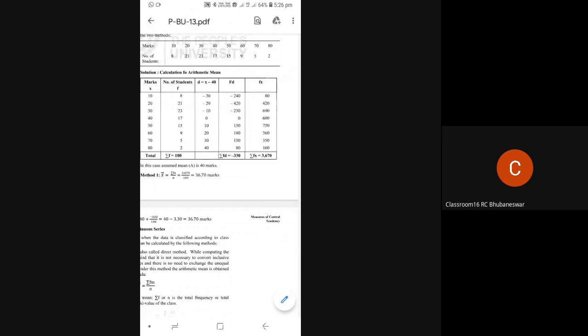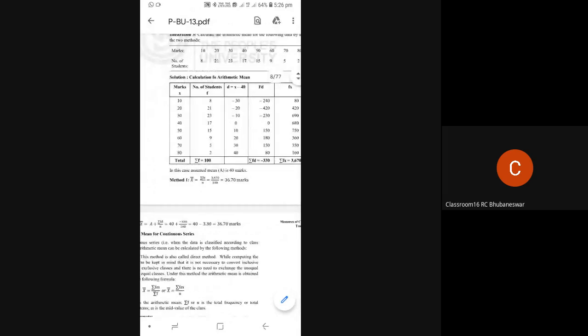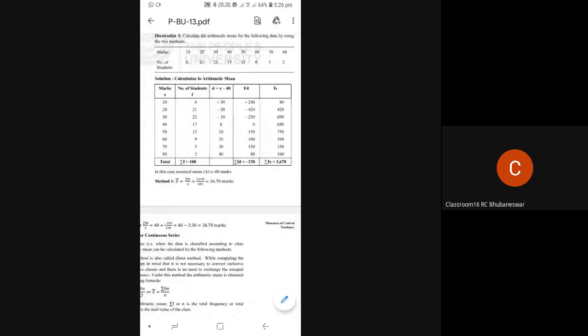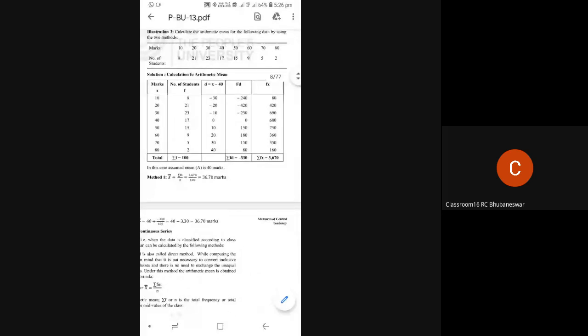Then you total the frequency column, sigma f, and the products of frequency and deviation, sigma fd. And you will get the second method: assumed mean plus sigma fd by n equals 40 plus minus 330 divided by 100, which equals 36.70.